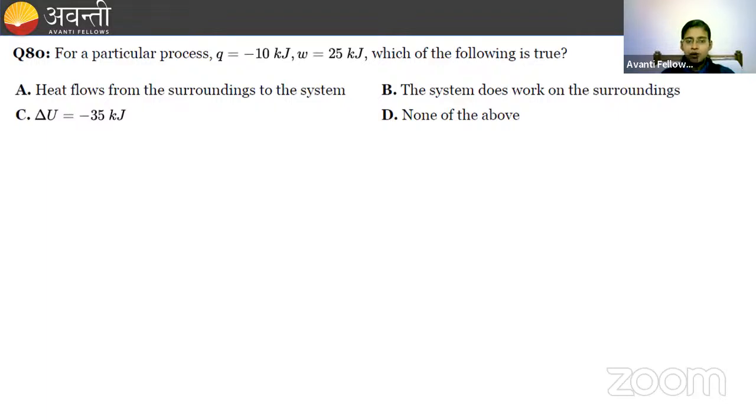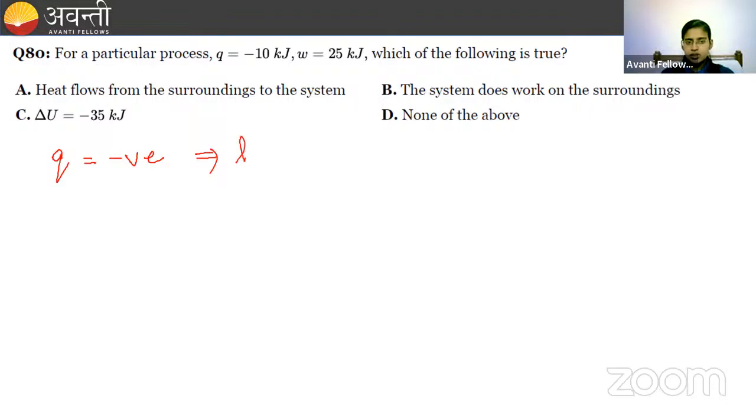For a particular process, Q is equal to minus 10 kilojoule and W is equal to 25 kilojoule. Which of the following is true? Q is negative. Negative means heat is lost from the system to the surrounding.